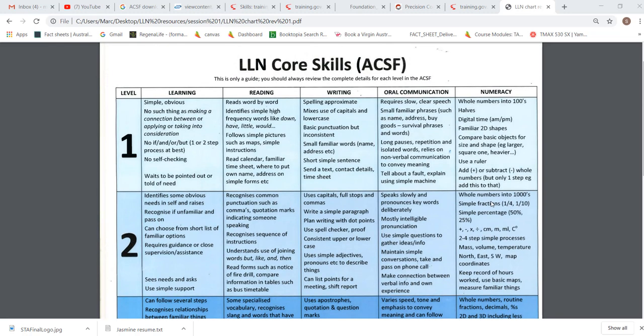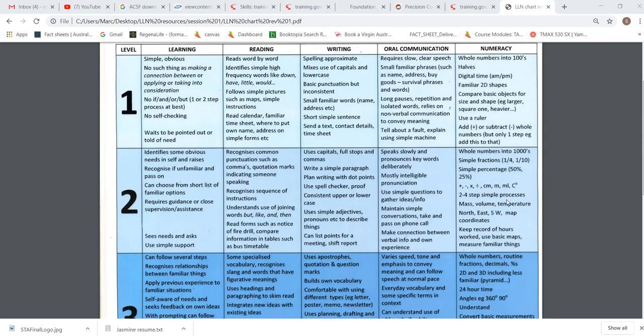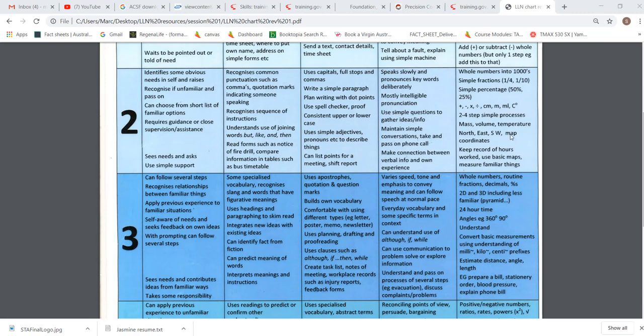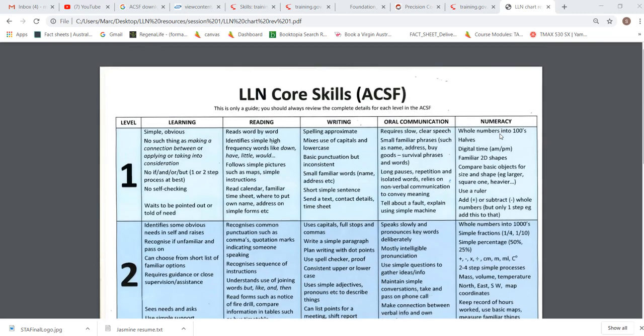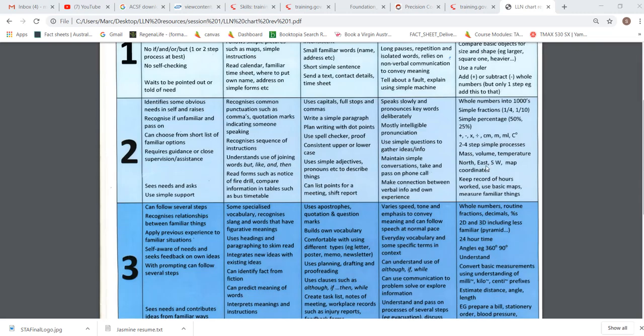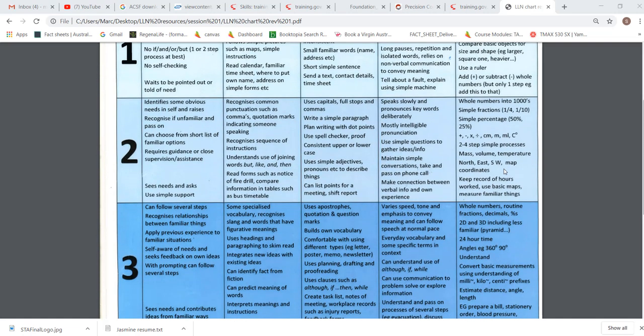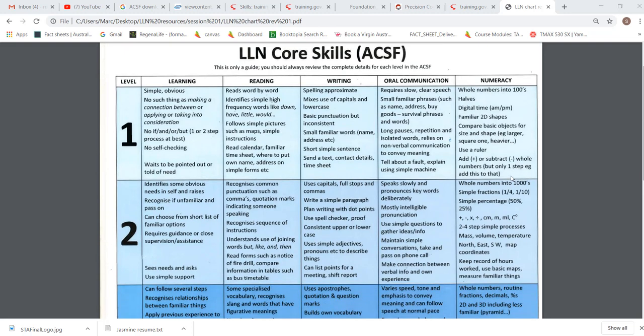So for myself personally, looking at numeracy, I'm going to work backwards. Numeracy, I'm going to say that I would probably be at around a 2 for numeracy. All right. Now, if you look at the criteria here, we've got simple percentages, simple fractions, north, east, southwest map, keep record of hours worked. All right. All these different things. I'd probably say I'm a level 2 for numeracy, just because I haven't done numbers for a long time.